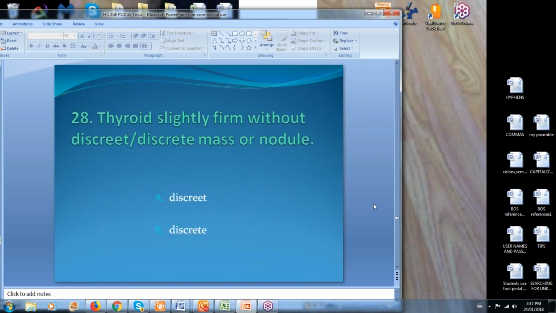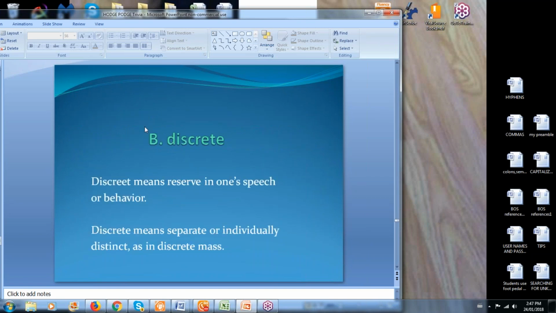Oh, I just gave you the answer. Thyroid slightly firm without discrete or discreet, whichever one, mass or nodule. Is it A, discreet, or B, discrete? It would be B, discrete.